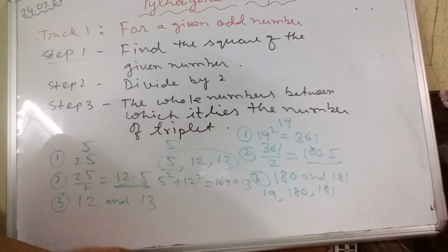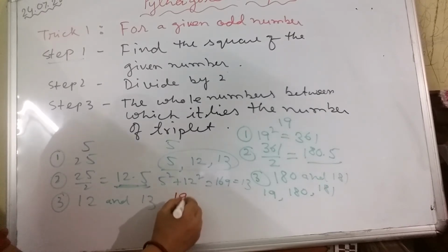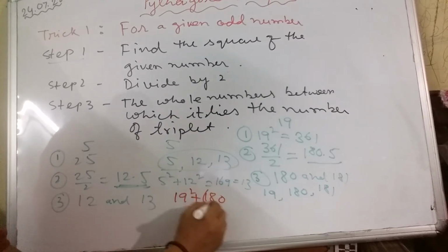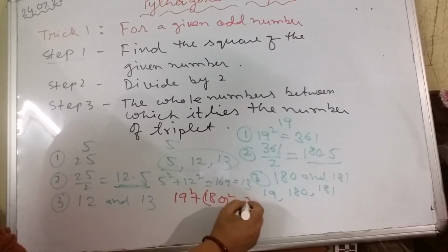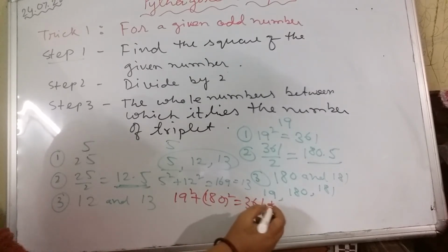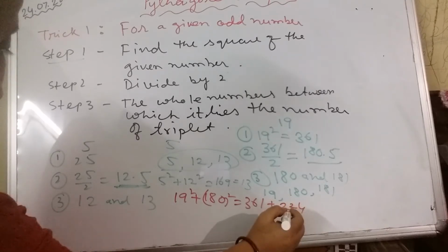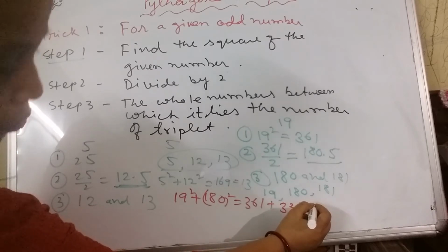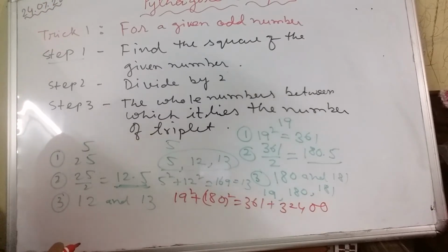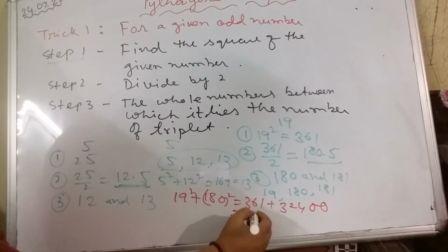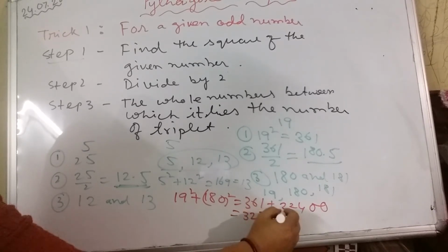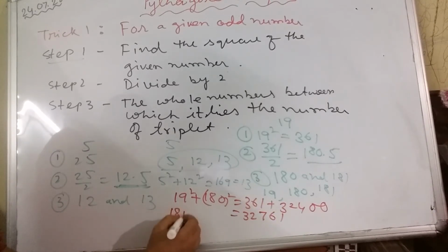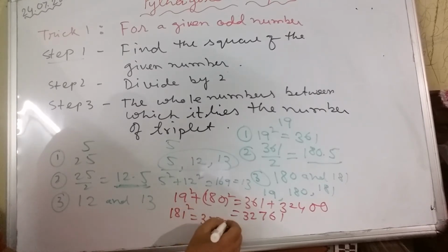Let's check whether we are correct or not. 19 square plus 180 square is 361 plus 32400, so it will be 32761, and 181 square equals 32761.